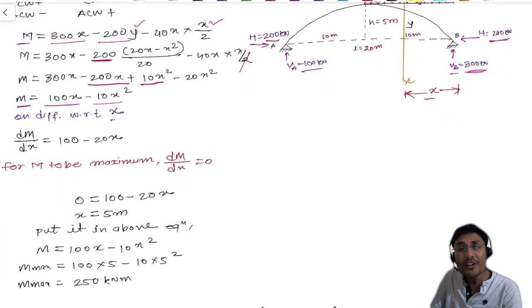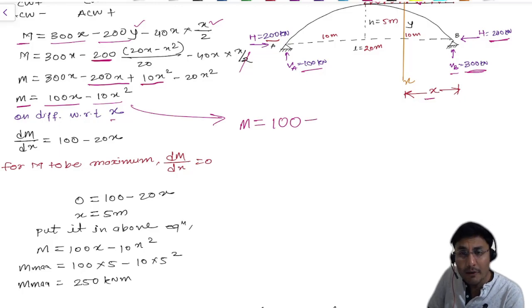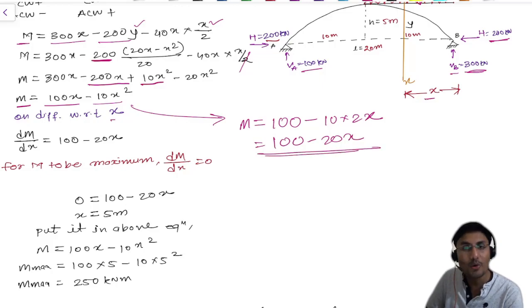When you differentiate this, the x term will remain 1 and the x square term will give 2x. So this moment equation becomes 100 minus 10 into 2, only x remains, so it is 100 minus 20x. This is the equation which you got over here.